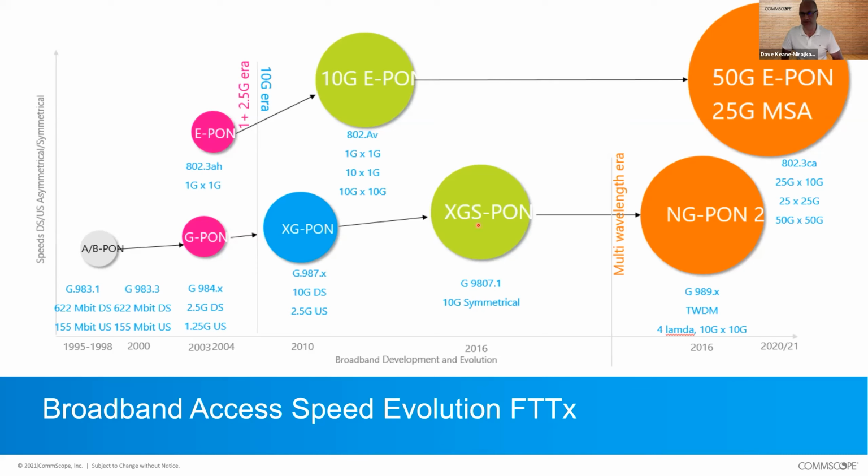Jury's still out how much market acceptance NG-PON2 will get, or maybe it will jump to a more structured 50 gig type approach. There's also a lot of work around 25 gig as well. And operators who are in the PON space are deciding, do we go from 10 to 25, or do we go from 10 and miss out another jump and go to 50 or higher speeds?